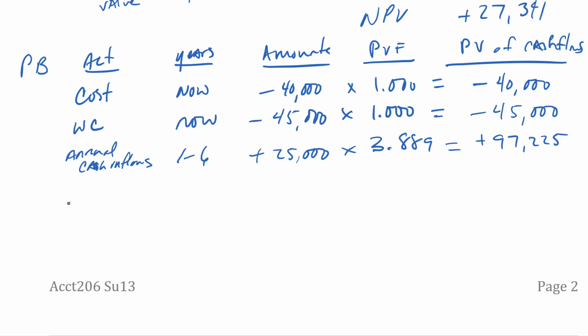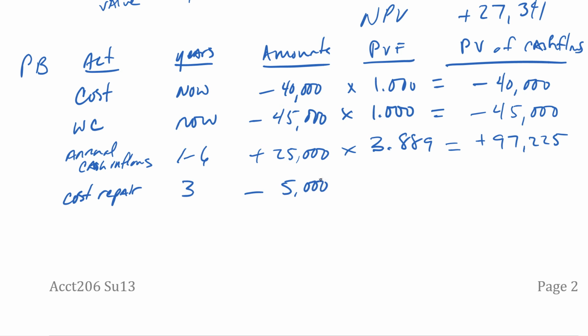Now we have a new one here we didn't have to consider before, the cost of repairs. It says that with this project B, there's going to be a repair cost, and that happens in year 3, and that's going to cost $5,000. So that's an outflow, right?